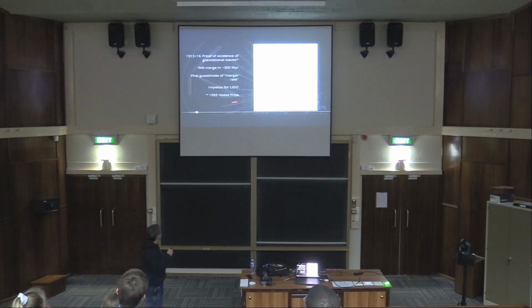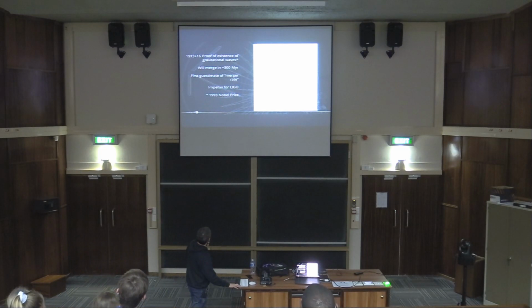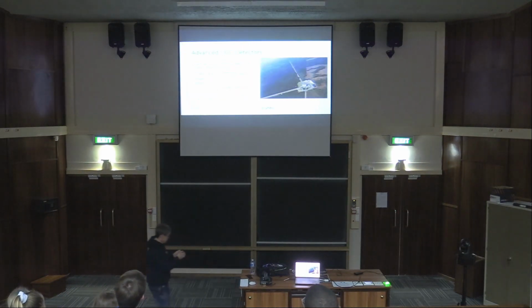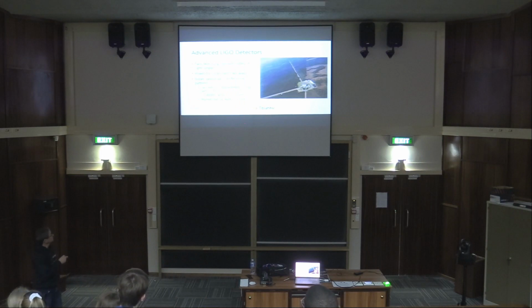So Joe Taylor won the Nobel Prize in 1993. I still think it's because it was 4 years after he marked my PhD, but the Nobel Committee thinks otherwise. So they went to Congress and they said, if you just gave us $1 billion, we could build two 4-kilometre long vacuum tubes.